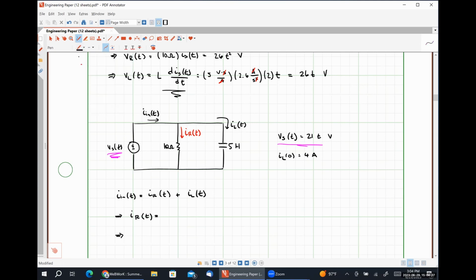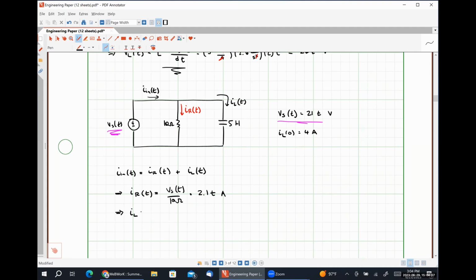So our resistor current is just going to be Vs divided by 10 ohms. So 21 divided by 10 is going to look like 2.1t amps.